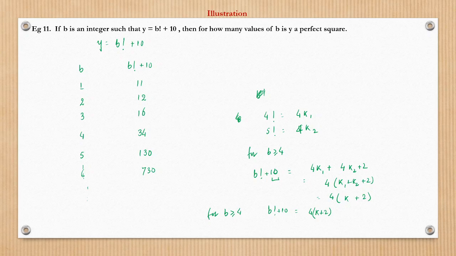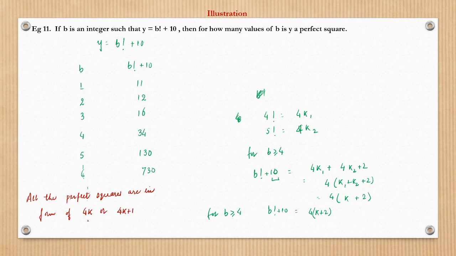But we know that any perfect square is always in the form of 4k or 4k plus 1.